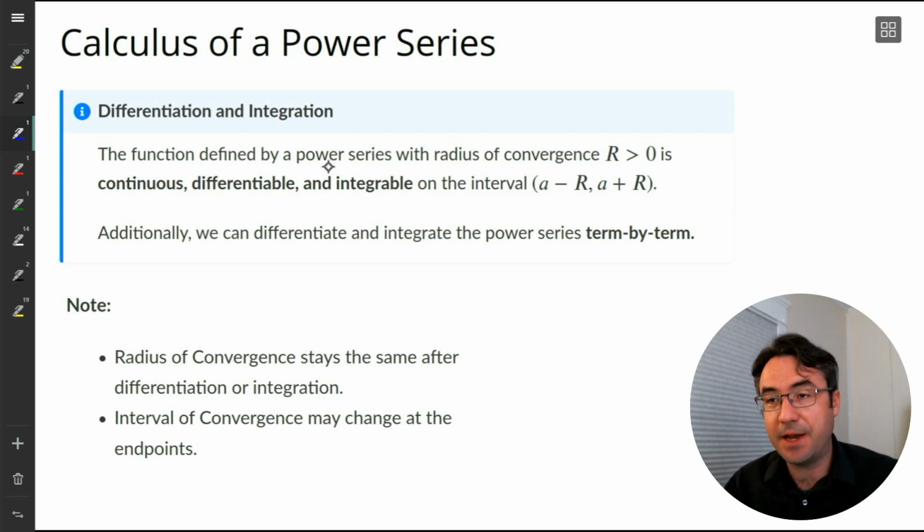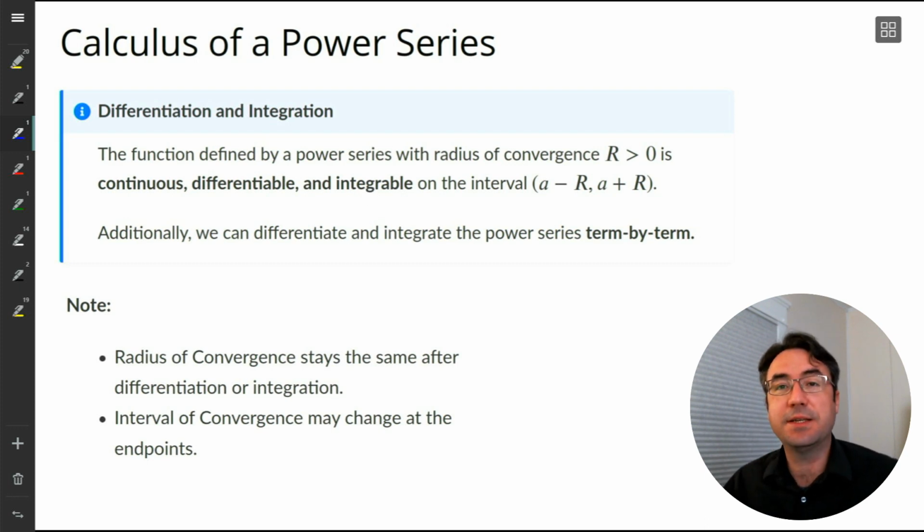The function defined by that power series is continuous, meaning its graph doesn't have any jumps, holes, or breaks in it. It is differentiable, so we can calculate its derivative. And it is integrable, so we can actually calculate the antiderivative. We can integrate this thing.